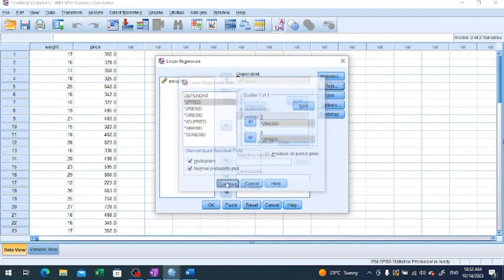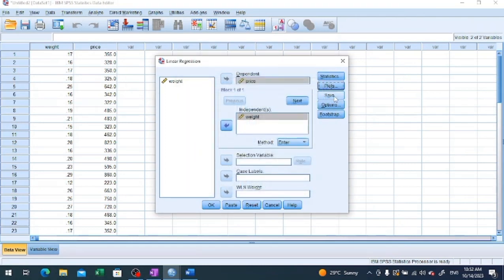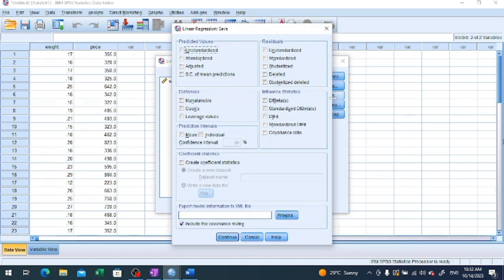Now we click Continue and then we click the Save button. In Save, we mark a check across predicted values, unstandardized, and residuals, unstandardized. Unstandardized means that the variables we are examining are not adjusted according to their mean and standard deviations, that is, not transformed to the normal z distribution.